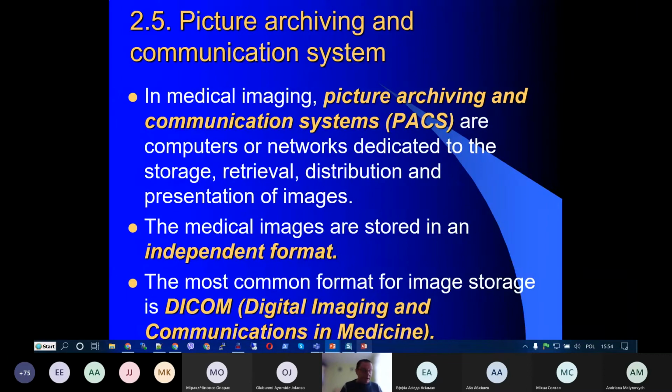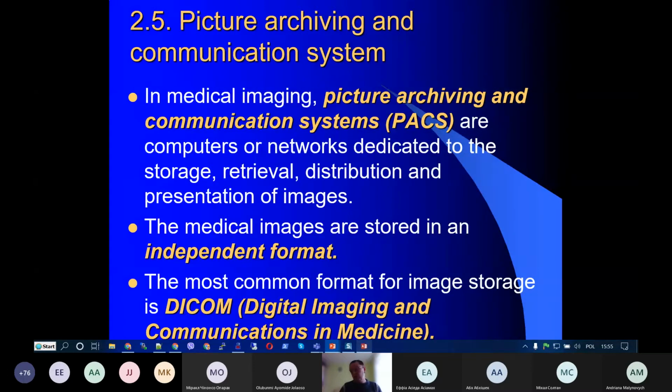And very quickly, I recap the question from the third lecture. Picture archiving and communication system is a computer network dedicated to storage, retrieval, distribution, and presentation of images, which could be stored in various formats, but the major feature of PACS is its ability to store images encoded in DICOM format, digital imaging and communication in medicine.